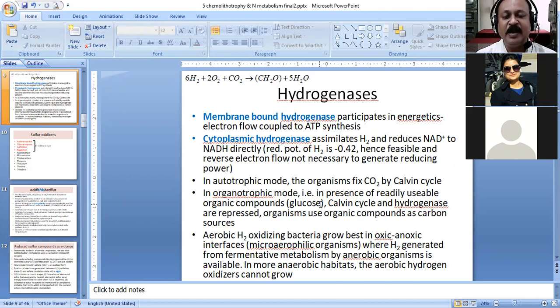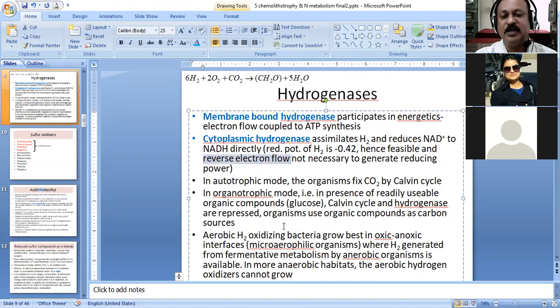Because the reduction potential of NAD+ is at a higher, more positive level, it can take the electrons from the hydrogen molecule. So from the thermodynamic point of view, this reaction is favorable and can happen very easily, and therefore reverse electron flow is not necessary. But remember that if there was any other molecule whose reduction potential was more positive, then reverse electron flow would be necessary for transfer of the electrons.